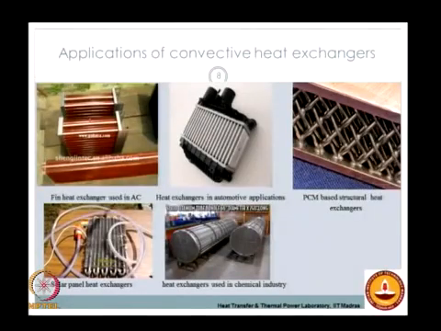You could look at, for example, your air conditioners where fin type heat exchangers are used, and there is a flow past these fins from outside where air cools down the working fluid passing through these tubes. So this is one type of heat exchanger where you have internal flow through the tubes, where the working fluid flows, and then you have external flow, that is the air going across the fins placed outside the tubes.